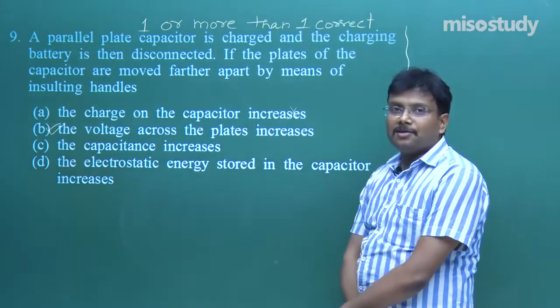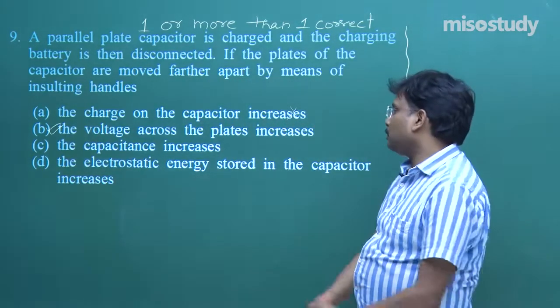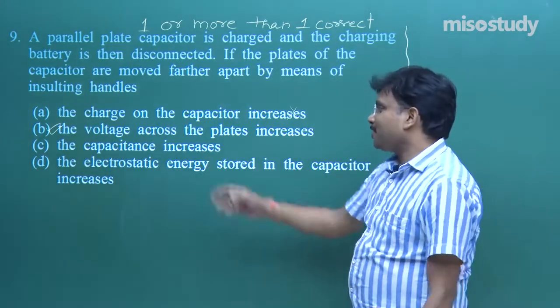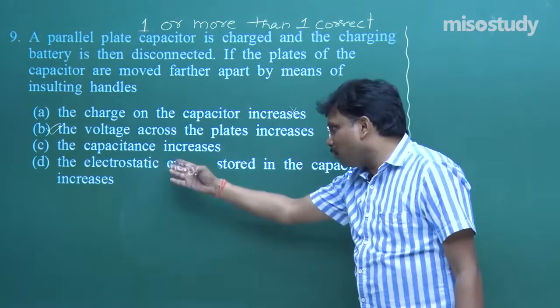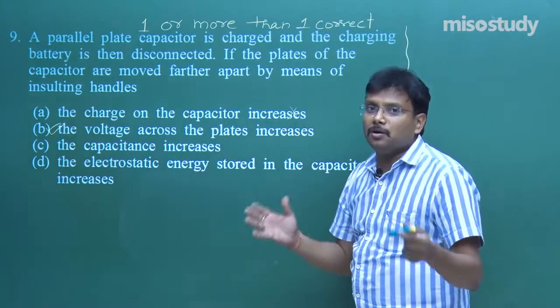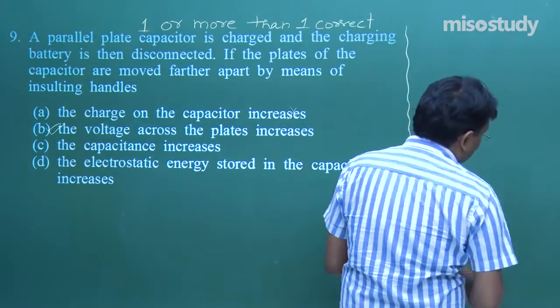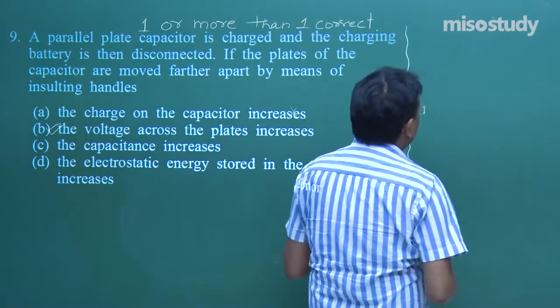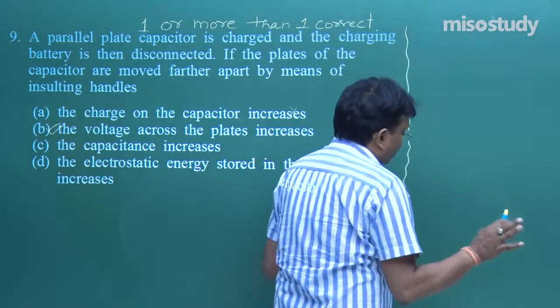Capacitance increases. The electrostatic energy stored in the capacitor increases. Now you can say easily that C is incorrect, but I want to check D also. Only then I will reach any solid conclusion. Okay. So let us take a look at this also. Here capacitance increases, decreases, wait for time.